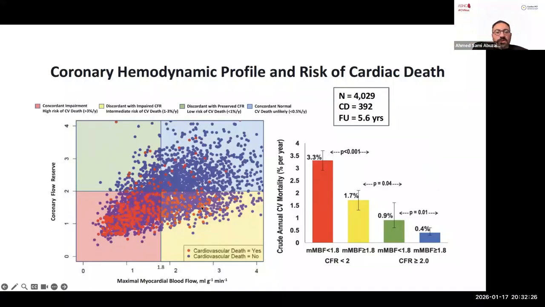But also, when you have another patient with a preserved myocardial blood flow and abnormal myocardial perfusion imaging, maybe they have a lower risk. Regardless of how you put patients here and there, adding the myocardial blood flow to your relative perfusion imaging can help us to stratify and categorize our patients into high risk, intermediate risk, and low risk, or really minimal risk.